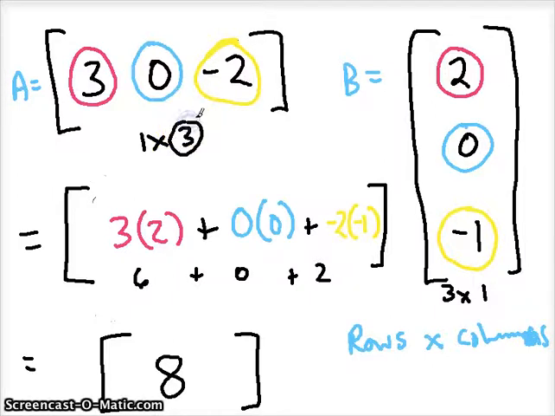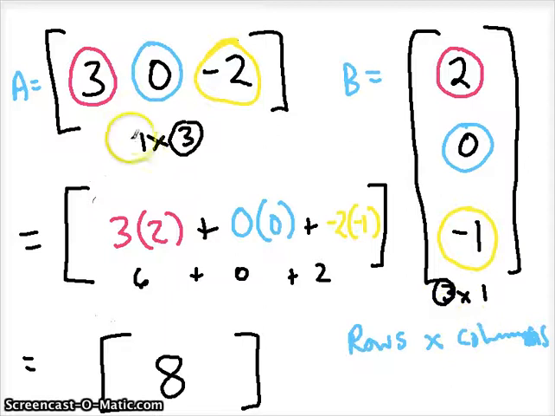This number right here matches this number right here, so we were able to multiply them together, and our answer was the size of the other numbers, a 1 by 1 matrix. Alright, so that's the easiest that the multiplying gets, unless we add less entries. But I wanted to have a good amount of entries here just to show you what happens.